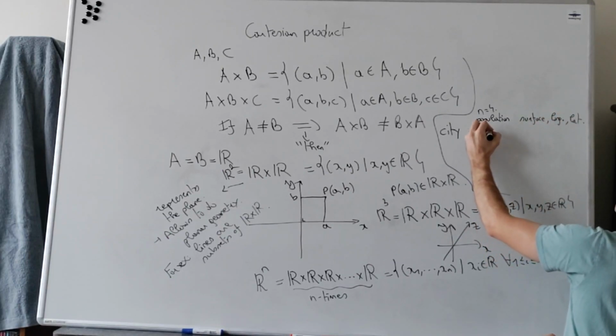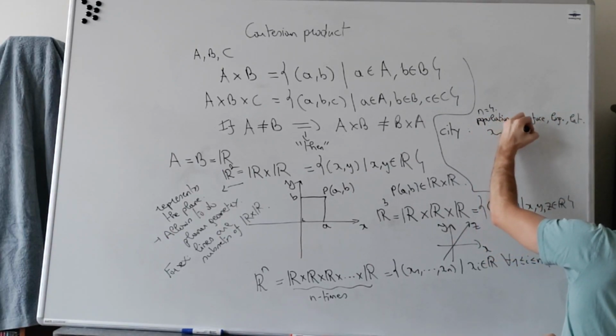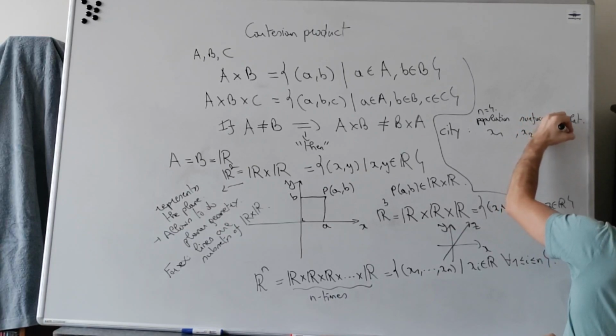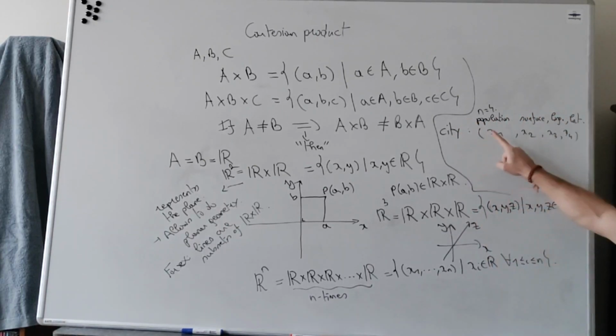These are all numbers, x1, x2, x3, x4. These are 4 properties of a city.